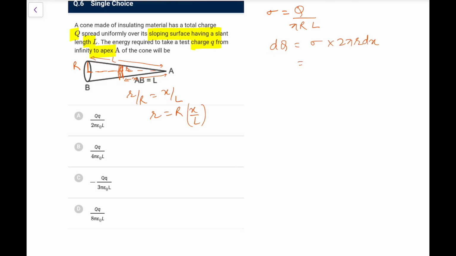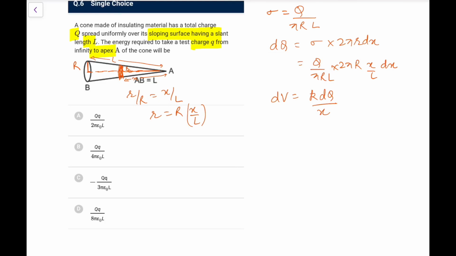Now what I have is sigma, Q upon pi RL, 2 pi, I should write capital R, x by L dx. Okay, now due to this small section, this is an axial point at a distance x, so the potential dV due to it would be, for the ring I'll take the formula k dq, sorry not dx, k dq by the distance that we have, the slant length will become the distance, which is x.